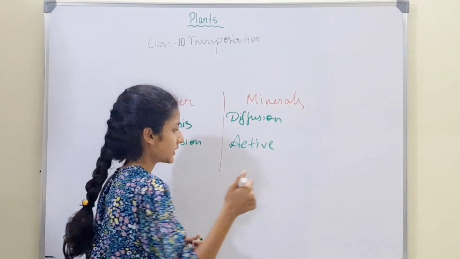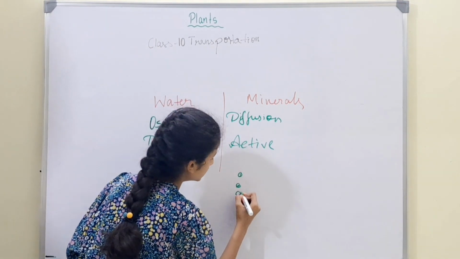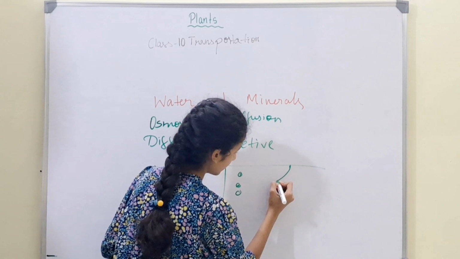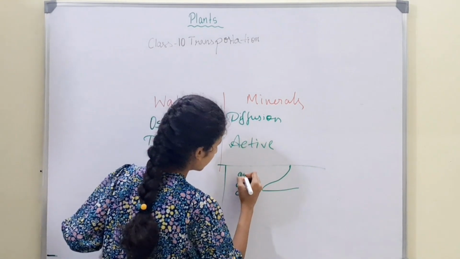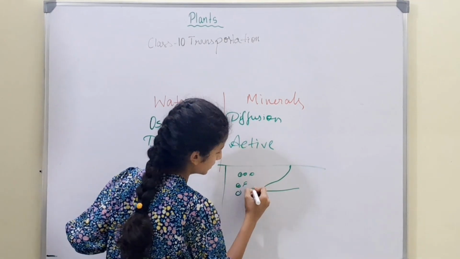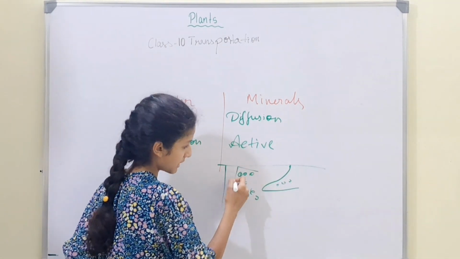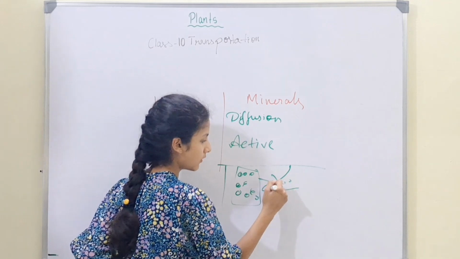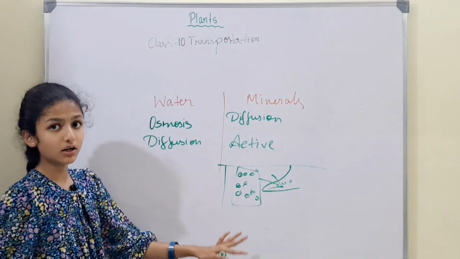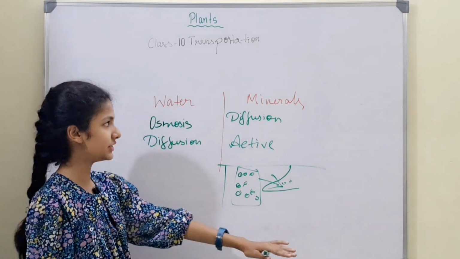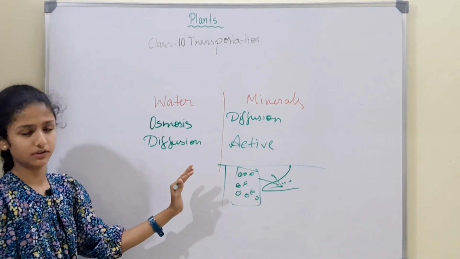Suppose water. This is the soil. This is the root hair. There are many water molecules in the soil. But whereas in the root there are only few water molecules. From a higher concentration to a lower concentration. The movement of particles from a higher concentration to a lower concentration is known as diffusion.